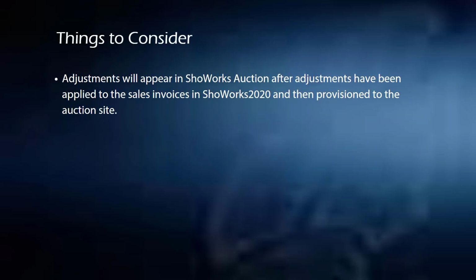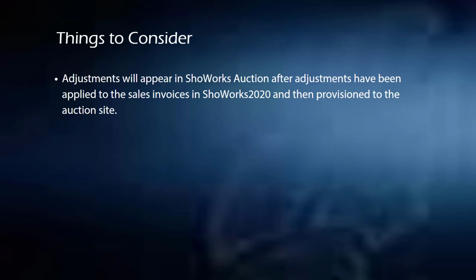Things to consider just as you are thinking about implementing immediate buyer payments. Adjustments can appear in ShoWorks Auction after adjustments have been applied to the sales invoice in ShoWorks 2020, and then the provision button is pressed and pushes that data to the auction site. So we get a lot of questions if we handle adjustments.